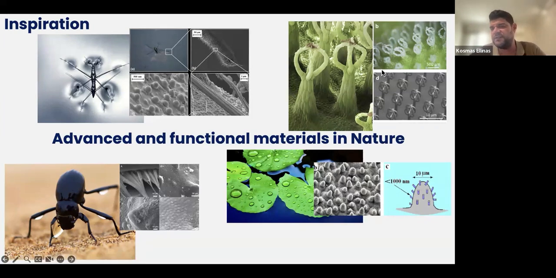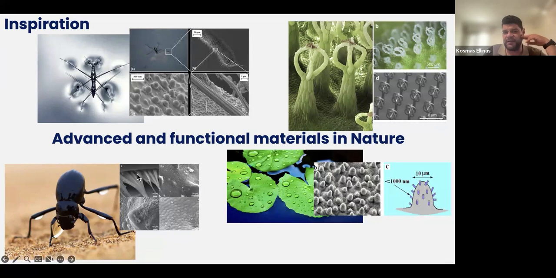If we go to this example, here we see the Salvinia plant, which is a plant that can sustain several waves inside water without being destroyed. If we carefully look at it under a microscope, we will see that it has some hydrophilic parts and some superhydrophobic parts, which allows them to flow with the water flow and not be destroyed.